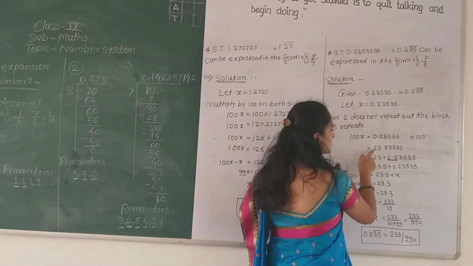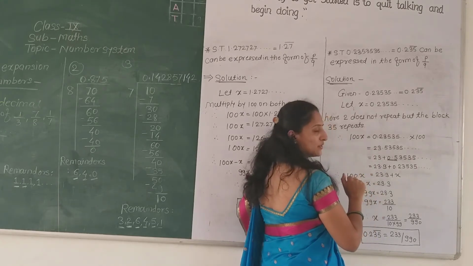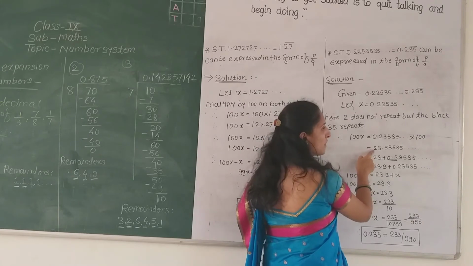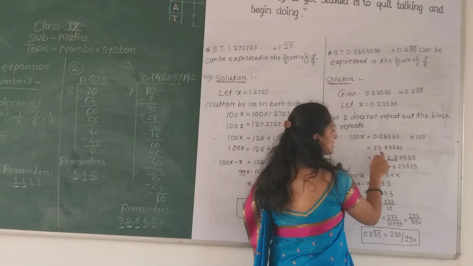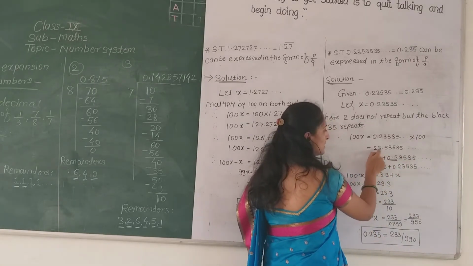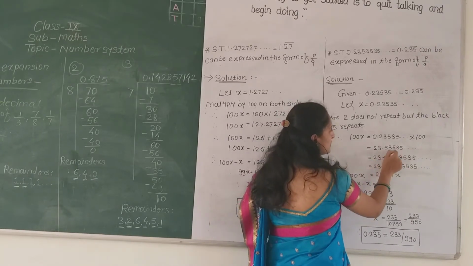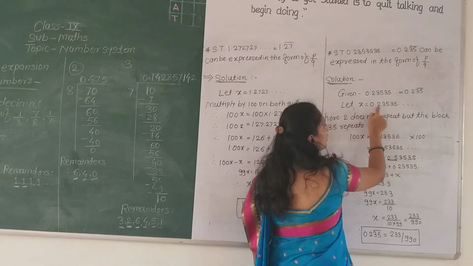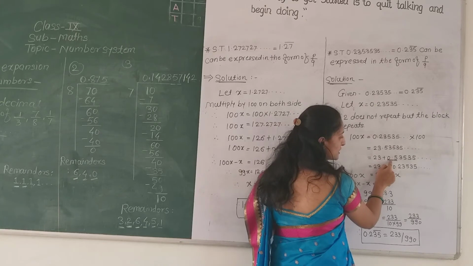Now we have to express this number in the form of x. So I can write here 23 plus 0.5353 and so on. But the value of x is 0.23, so here I want 0.2.